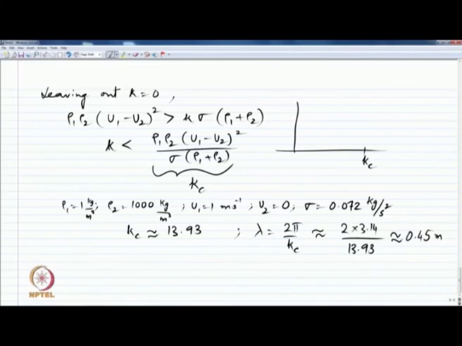So, this is essentially information that we get from linear instability analysis, which was purely an analytical calculation, but leads us to draw some inferences in the physical space of the kinds of waves that we would observe if we had a particular flow condition, velocities and densities. We will stop here and continue in the next lecture.